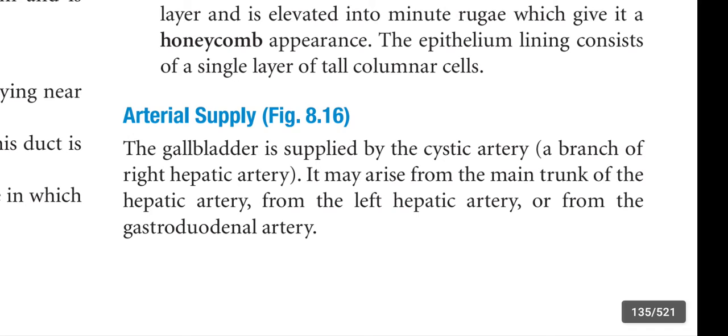It may arise from the main trunk of the hepatic artery, from the left hepatic artery, or from the gastroduodenal artery. But note that it mainly arises from the right hepatic artery. In some cases it may arise from the main trunk of the hepatic artery, or from the left, or from the gastroduodenal artery.